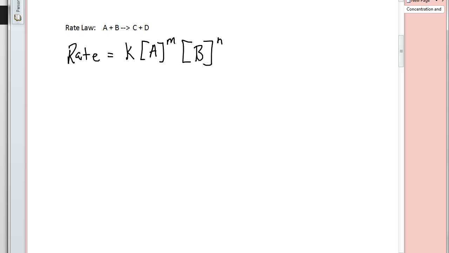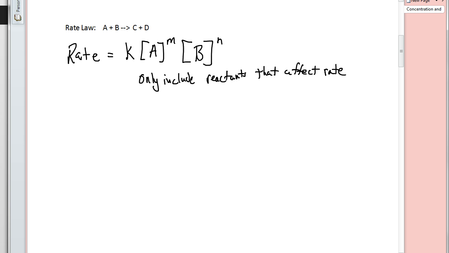Now, in rate laws, and this is the form of a rate law for this reaction, we only include reactants that affect rate, or how fast a chemical reaction goes. So if a reactant does not affect the rate of a chemical reaction when you vary it, we don't include it in the rate law.